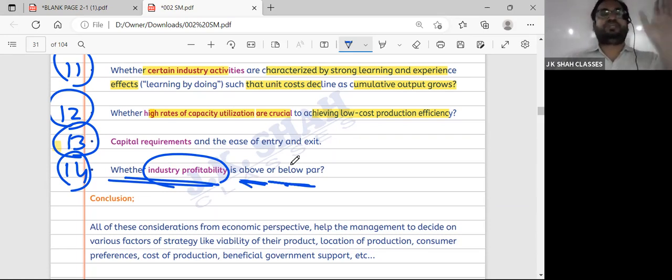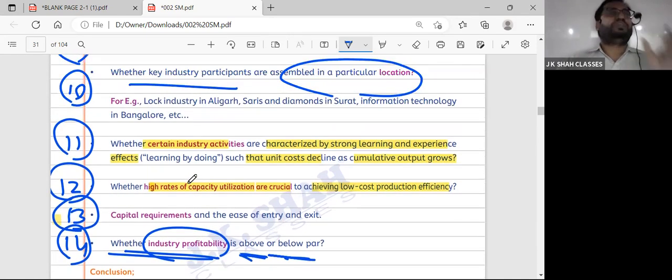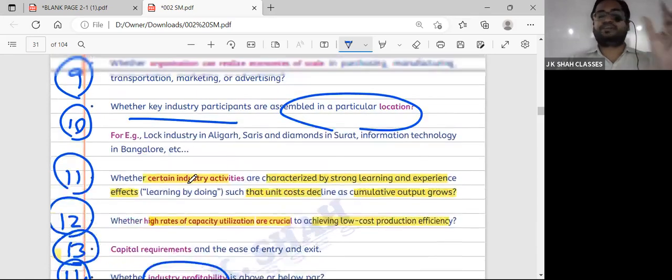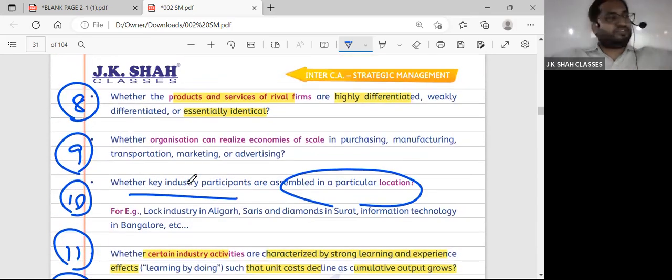8 to 14. Please give me 8 to 14. Whether the product and services are identical or different. You can look at the screen and answer. I don't want you to remember now, but at least try to spell out. Next, whether they can realize economies of scale. Next, 10 points.